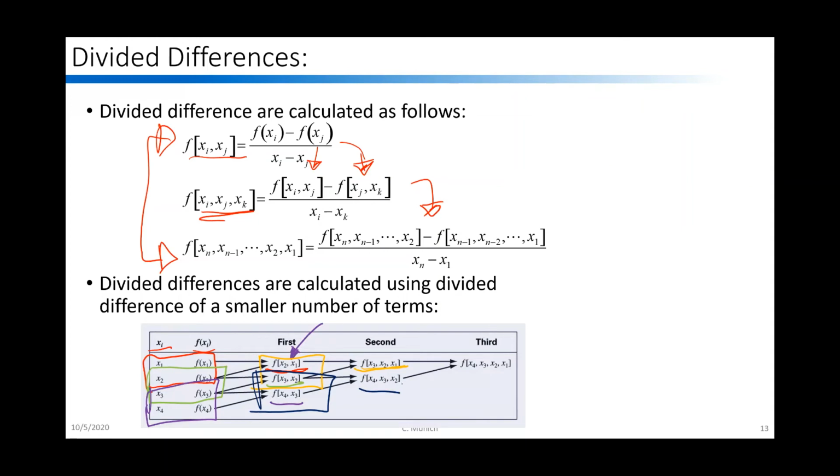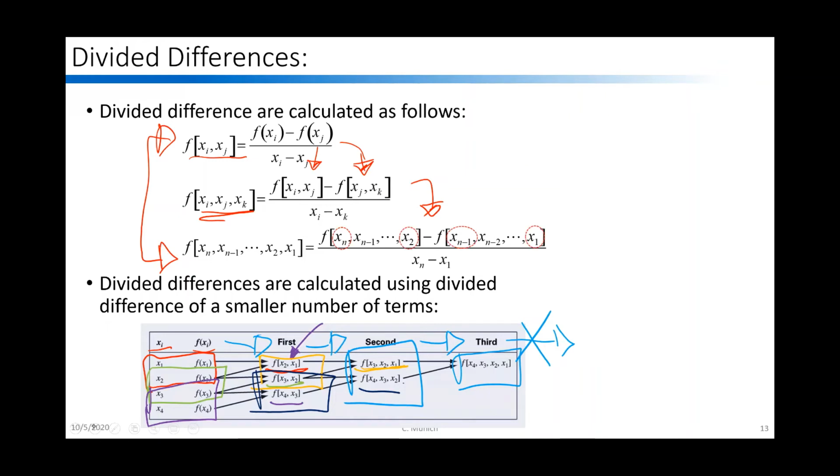The reason I need this f of x4, x3, x2 is because if I want to go one more term out, I need two terms to do a divided difference, and I get my final third term. Right? So I can create these tables and continue to take divided difference after divided difference, going over and over until I've run out of terms. I can't go to a fourth, right? There's no way to divide another difference.